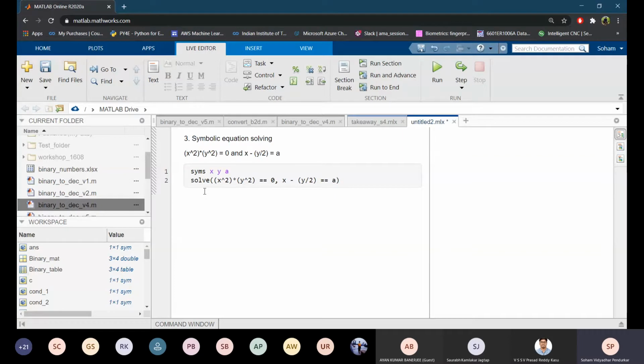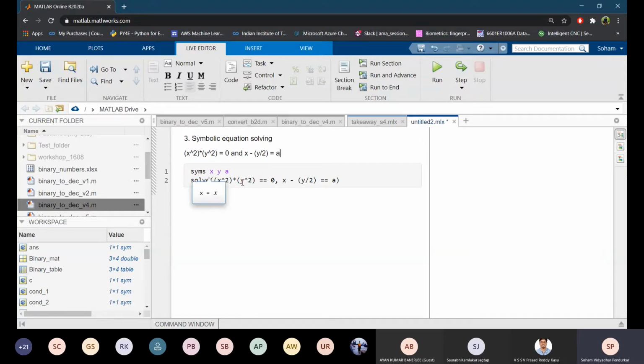What you get out of this depends on how you specify the output you want. These 2 equations are equations in x and y, so 2 unknowns and 2 equations, and a is a known constant, but we are providing it as a variable to the symbolic toolbox.